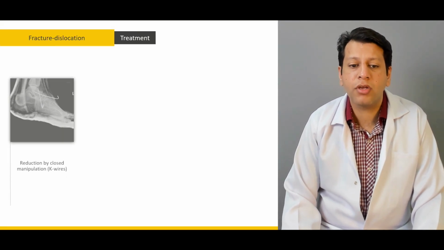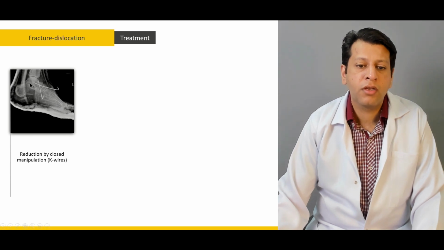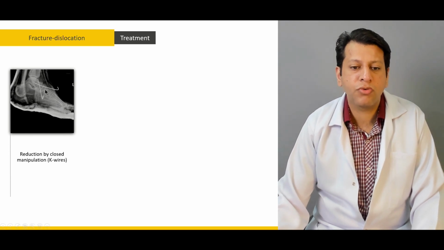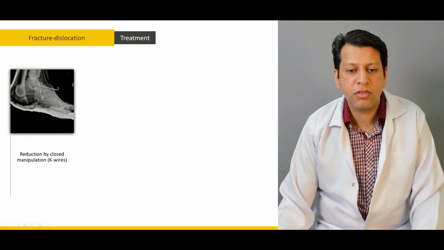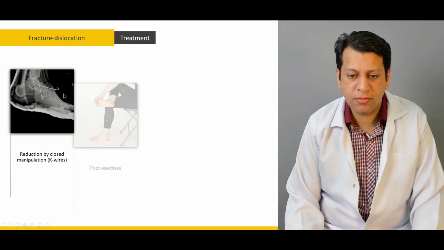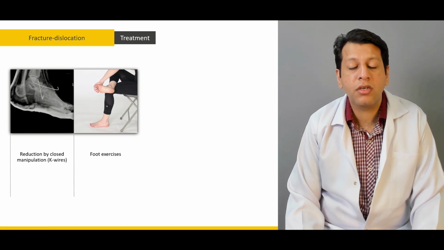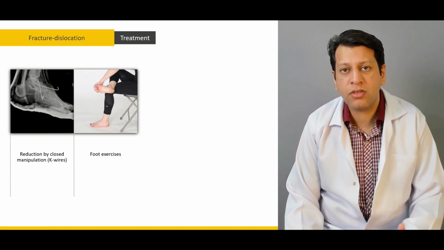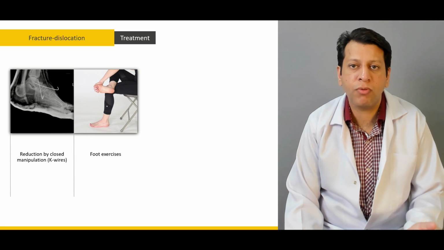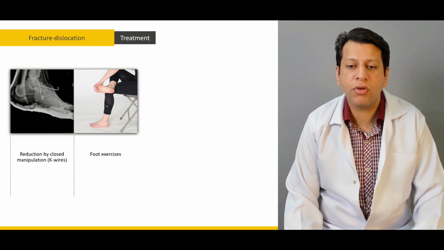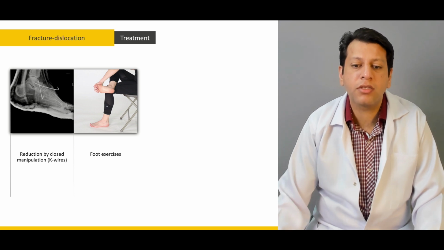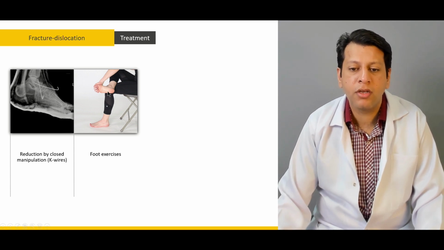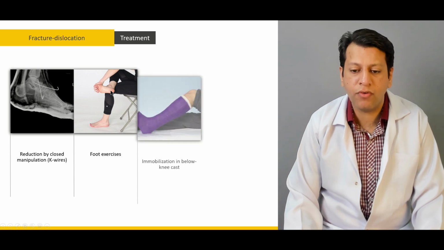Now, fracture dislocation treatment. If you see it over here, the talonavicular joint has been restored with two K-wires applied and splinted in a cast as well. Once the fracture has reduced, after 3 to 4 weeks you remove the K-wires, then you can start foot exercises which mainly concentrate on the midfoot area, not on the forefoot or the hindfoot.